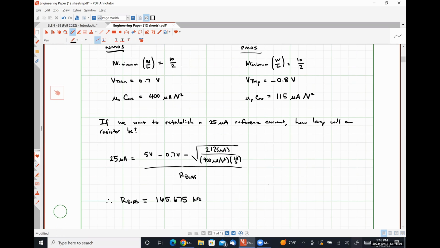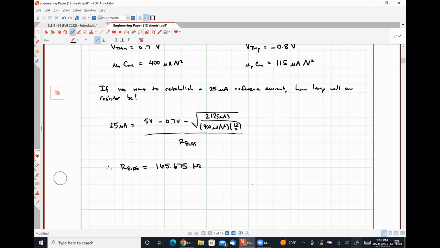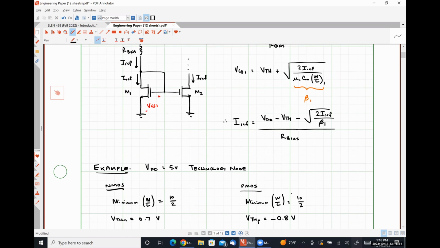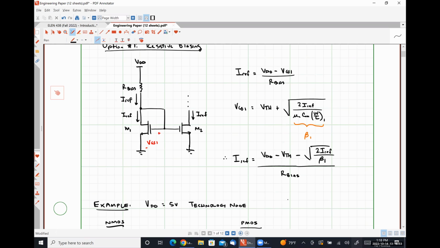All right. So this is one scheme for doing it. It isn't the best. Okay. So now let's look at using a MOSFET. So effectively in this next scheme, we are replacing this bias resistor with a transistor, but we are going to do so under the constraint that we need to force the transistor that we're adding to also be in saturation so that we have stability.